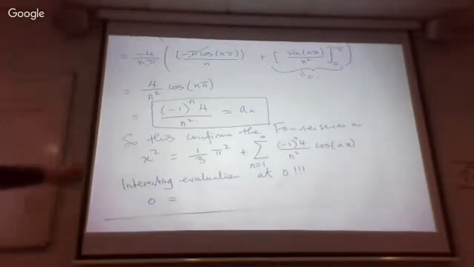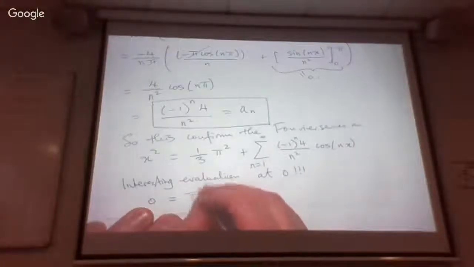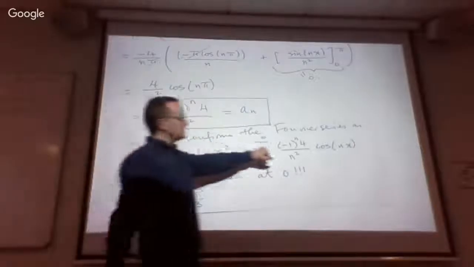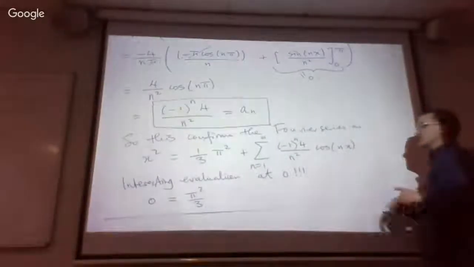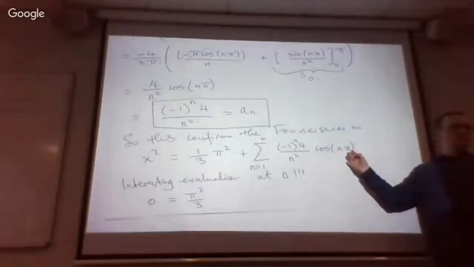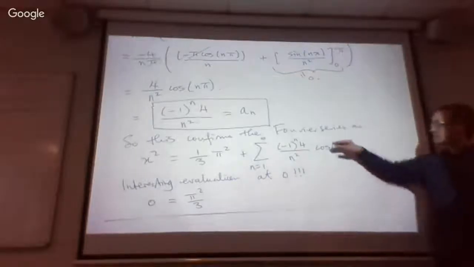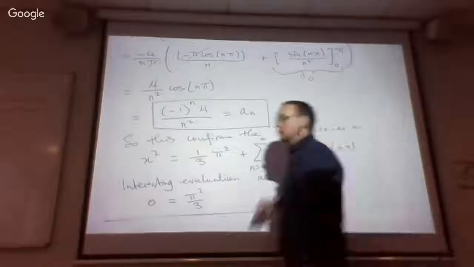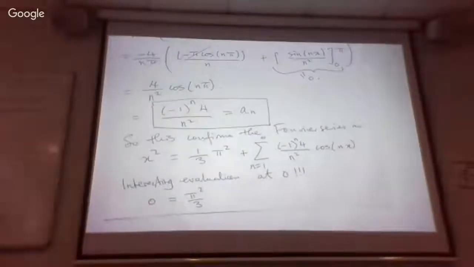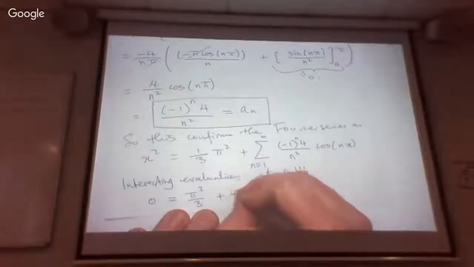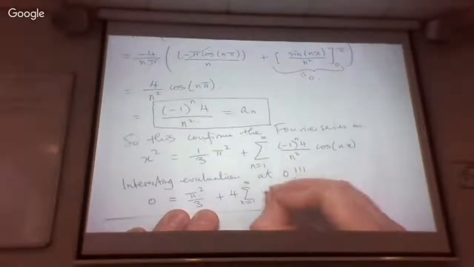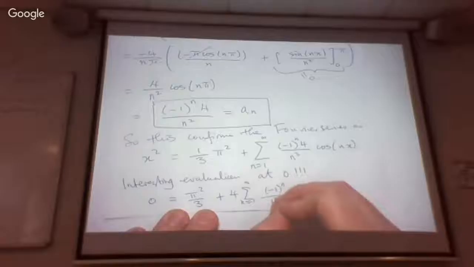When you evaluate the right-hand side at 0, you've got that constant term, pi squared over 3. Then you've got this big summation, but if you're evaluating it at x equals 0, it's always cosine of 0, which is +1. So you're just getting this series here, which is very interesting, because this is 4 times the series of -1 to the power n over n squared.